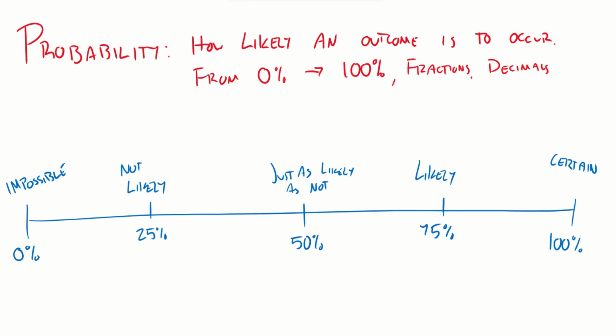Okay, so this is kind of the gauge. When we say things are going to happen, that's kind of the gauge we take to say, yeah, something's likely to happen. That means there's over a 50% chance it's going to happen. Something certain to happen means it will happen.